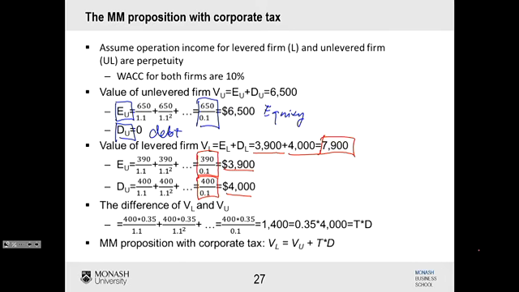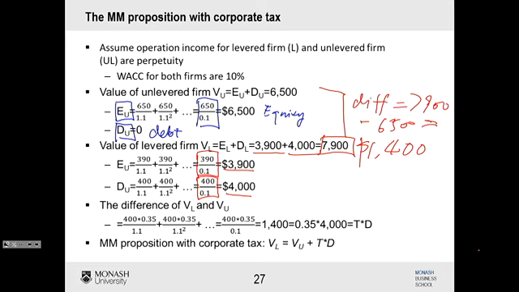What's the difference? The difference is equal to 7,900 minus 6,500, equal to $1,400. How do I calculate the 1,400 in another way? It's coming from the tax, right? And the interest payment, the cost of the debt. So this is a 400, which is the interest payment on the debt, times the tax rate, and it's in the perpetuity model, right?